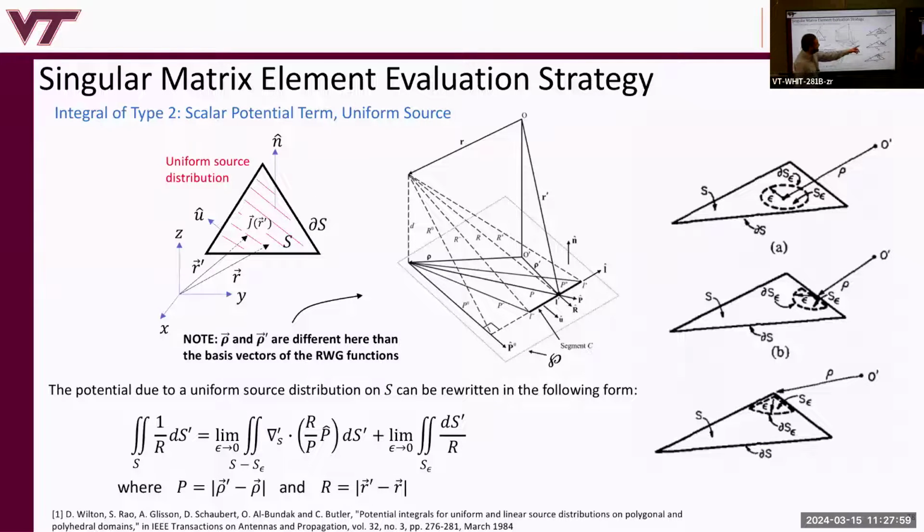So in order to make that a continuous function, we subtract out the observation point, a small circle surrounding the observation point of radius epsilon. It's not continuous there when the observation point or source point goes there. So we remove that by doing S minus S epsilon. Here's S epsilon, and here's S. We take the limit as epsilon goes to 0, so that circle shrinks around that point.